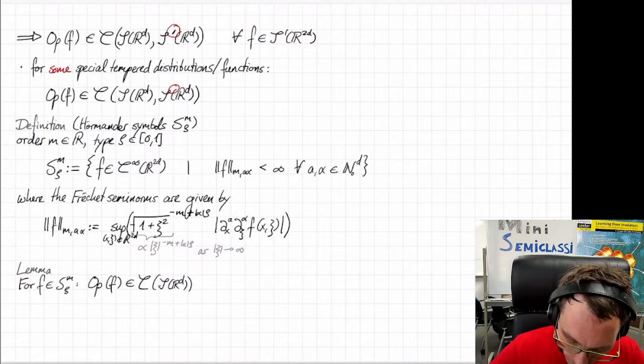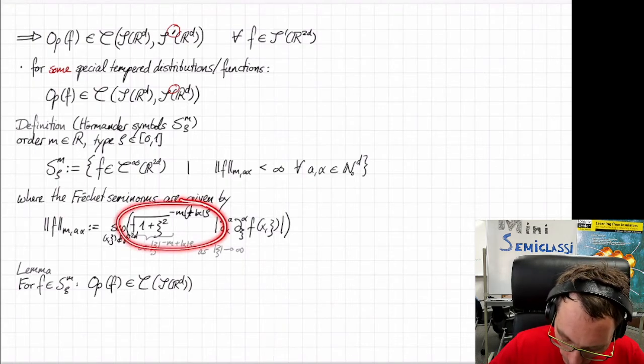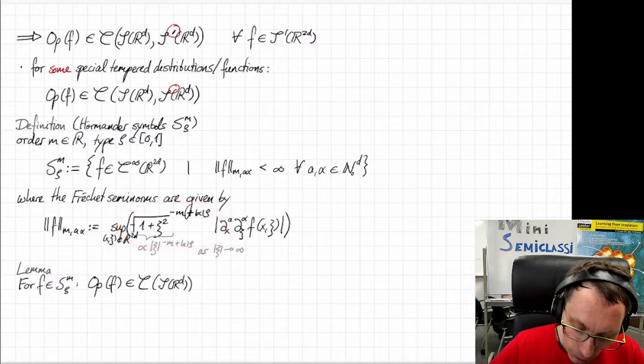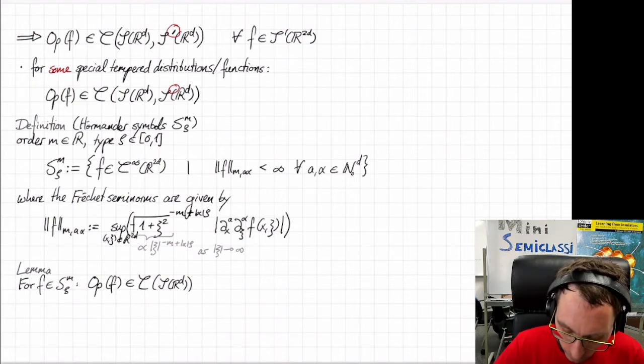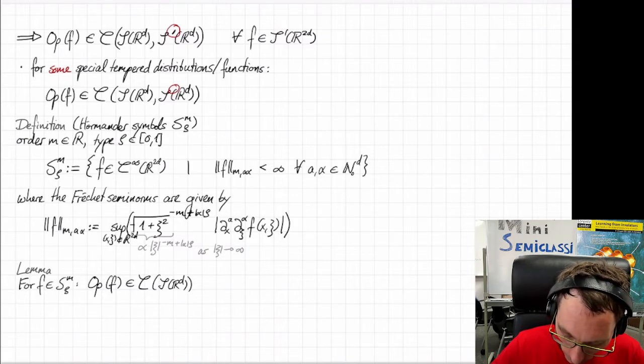So it's a continuous map on the Schwartz functions. And the reason is relatively simple to understand. The seminorms tell us that Hörmander symbols are smooth, uniformly polynomially bounded functions, and hence I can multiply them with Schwartz functions and so forth. Of course, the actual proof is more complicated.